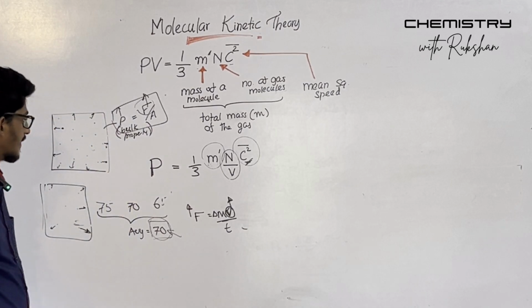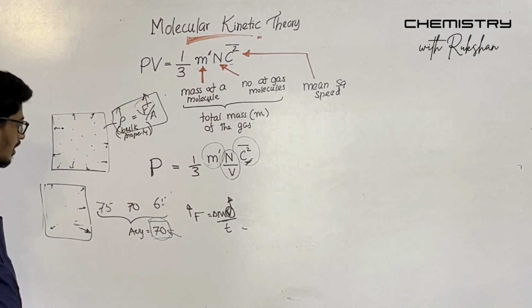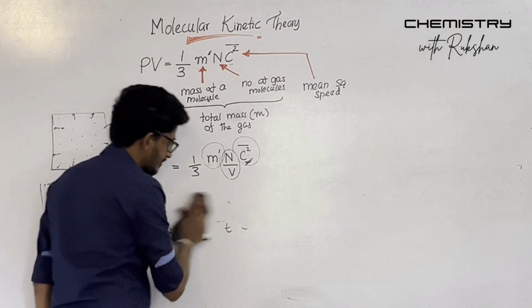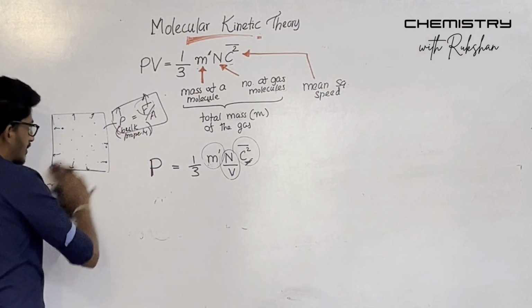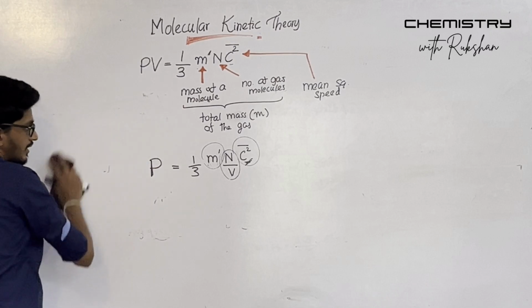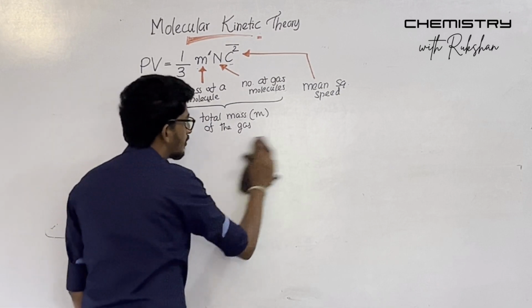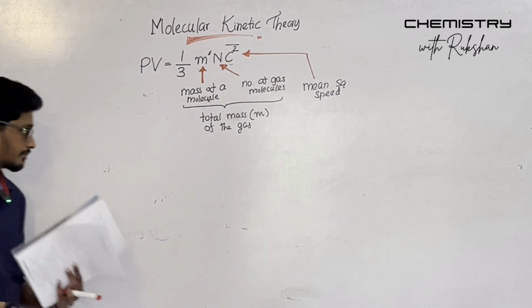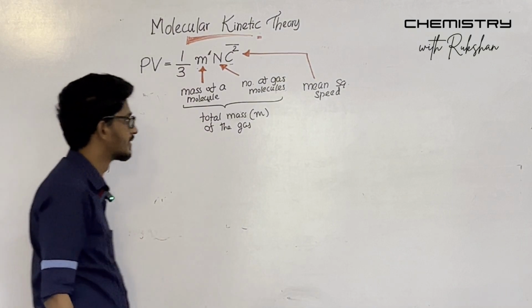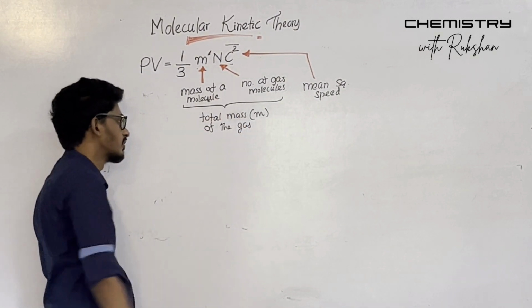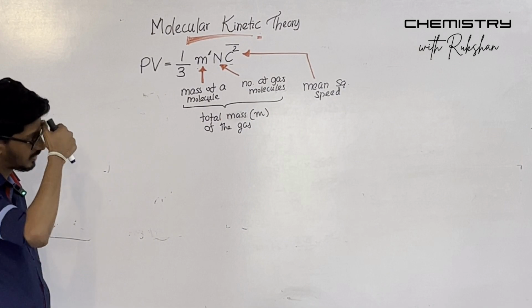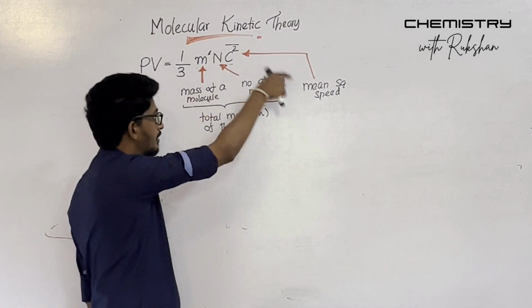Okay. Right. Let's discuss a bit more about this c squared bar, the mean square speed, right? Let's discuss a bit more what that means. These are very clear and easy to understand, no? Let's discuss what this actually means.